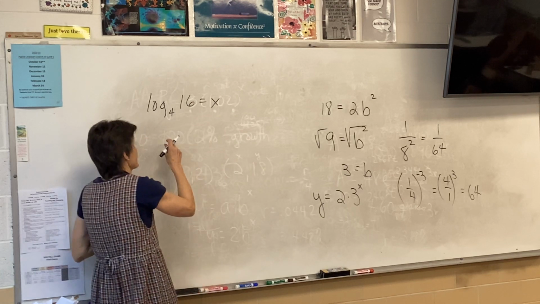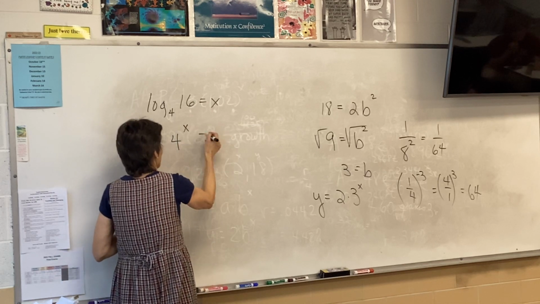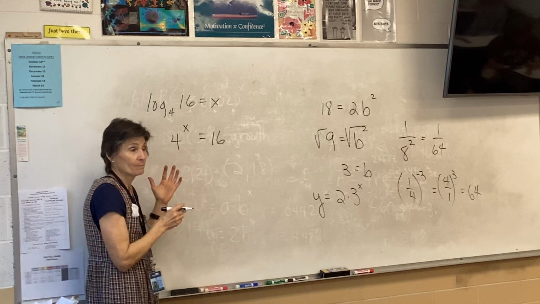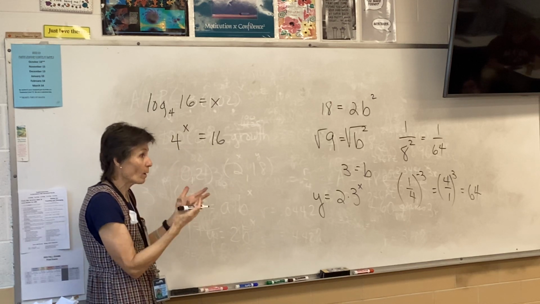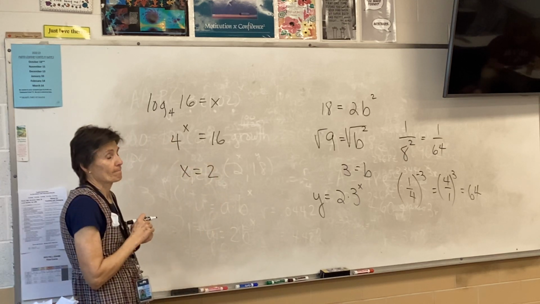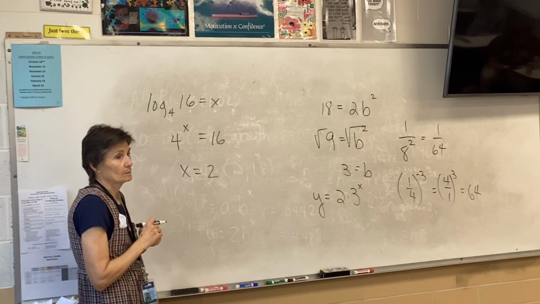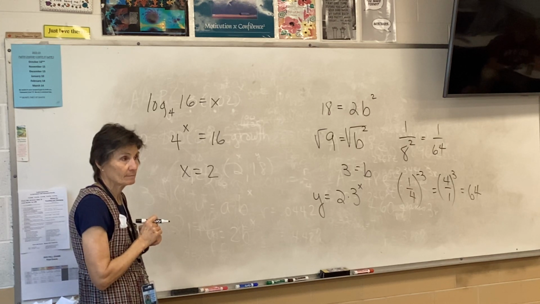What's the loop-de-loop say? 4 to the x equals 16. But we know that would have to be 4 squared, so x equals 2. Does that make sense to everybody?